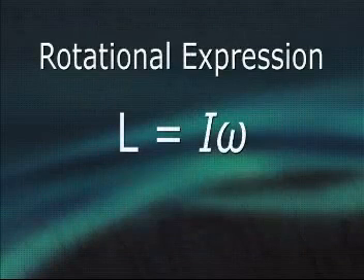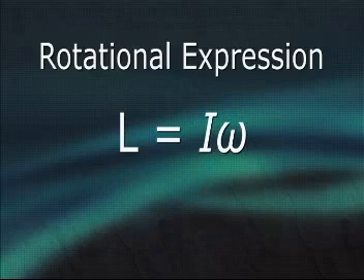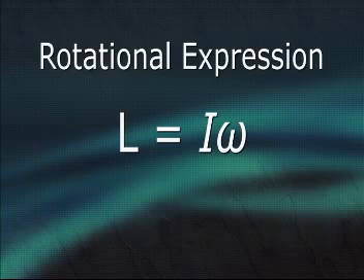The angular momentum of the blades is the product when we multiply the moment of inertia and the angular velocity. We can determine the direction of the angular momentum by using the right-hand rule, which you have learned in earlier lessons.